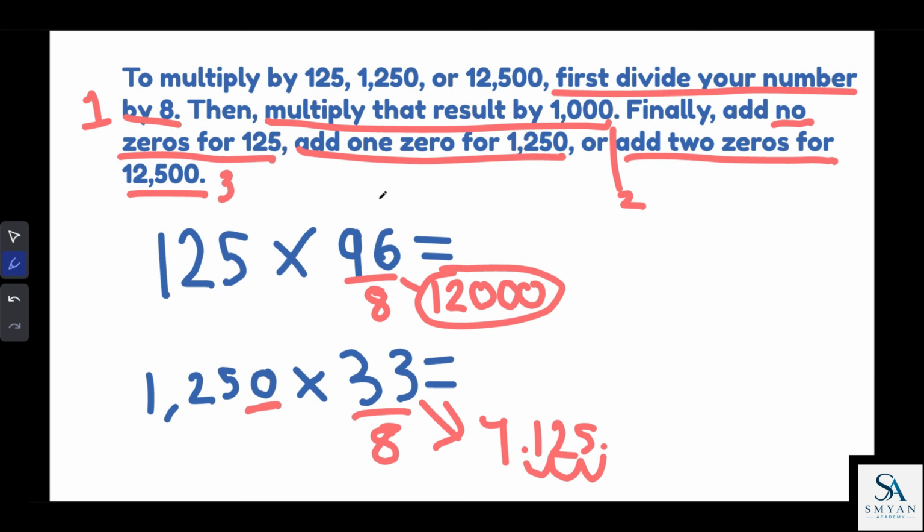So your answer, well, that's not your answer yet because it's 1,250. So you have to shift it one more time or add another 0. So after all that mess is gone, your answer would be 41,250. So now we circle that value and that's your answer.